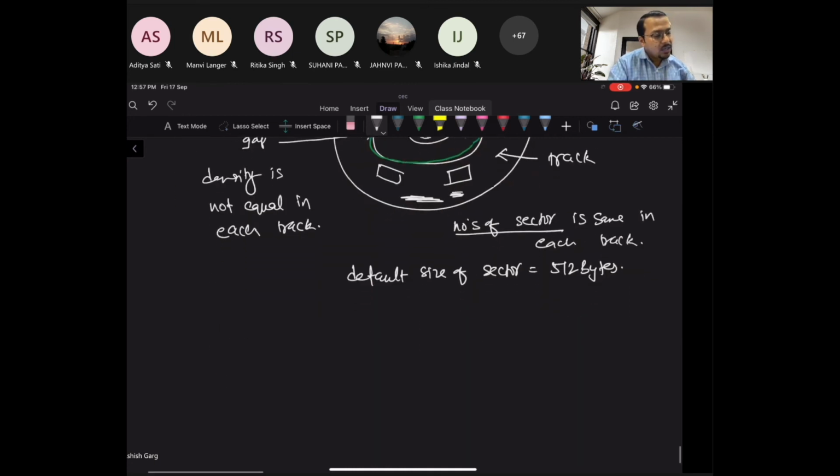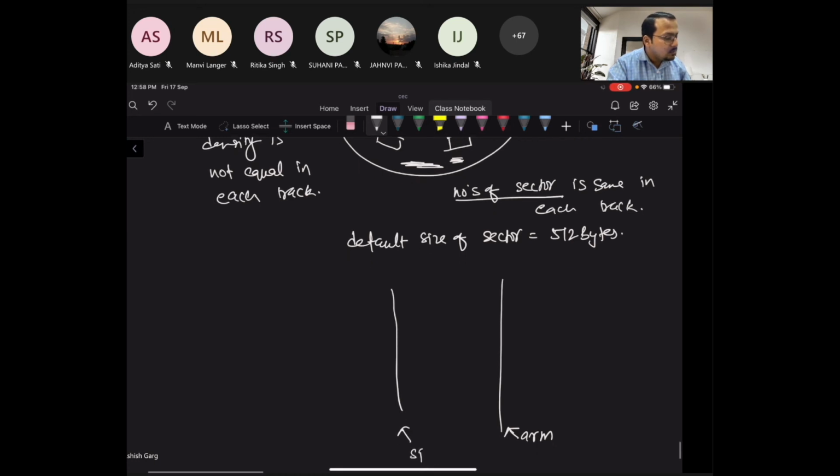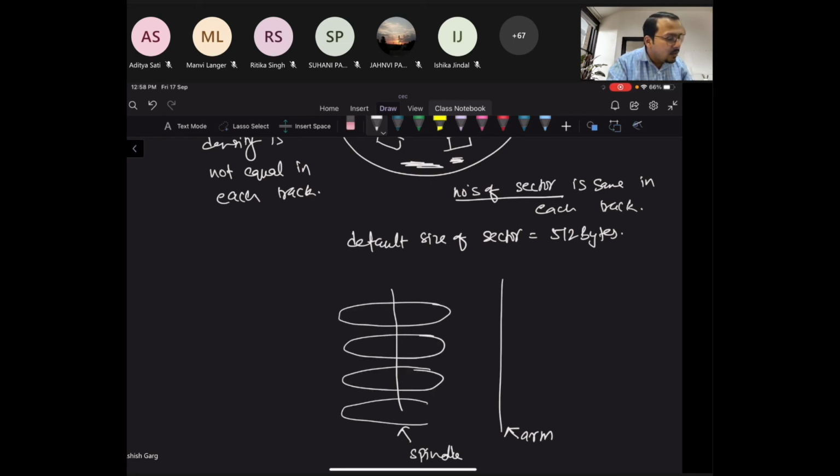But if you see it from the side, then you have something called an arm, and here you have something called a spindle. We have multiple discs on this spindle, and we have heads which are fixed on this arm, which read the data from the discs.